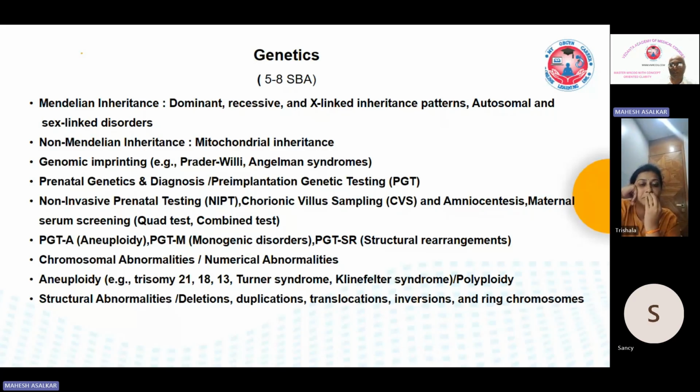For CVS and amnio, RCOG study material is there. Whatever information is asked will be from those guidelines, so the answer should match them. The reference will be only RCOG study material.